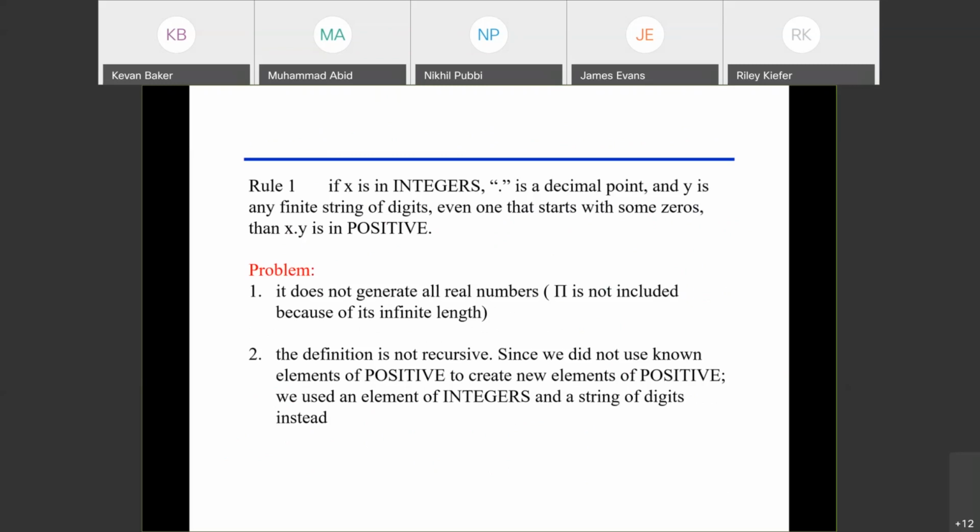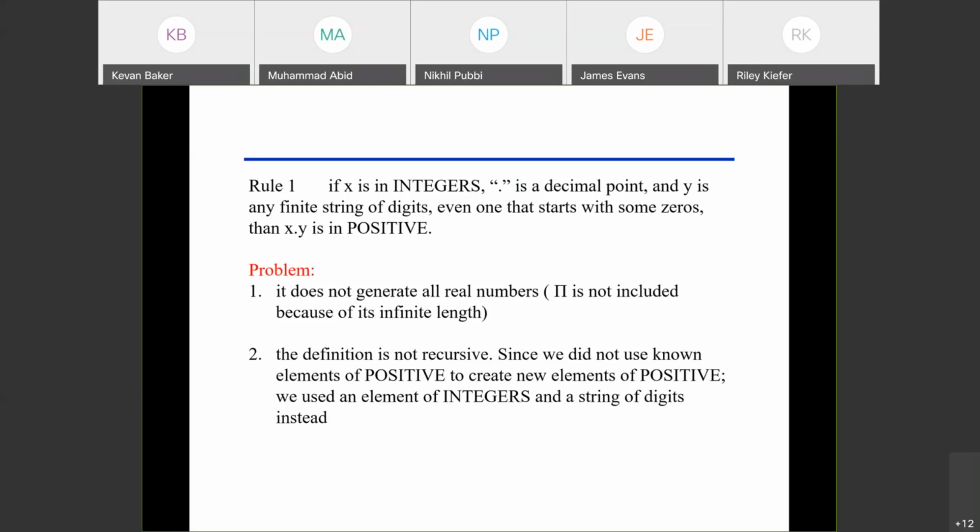A recursive definition has a template that when you define the rules, it should have three rules. Rule 1, base case. Rule 2, how to generate the next words from the base case. Rule 3, there are no other rules than rule 1 and rule 2 to generate this language. So it does not follow the template. So this is not good.